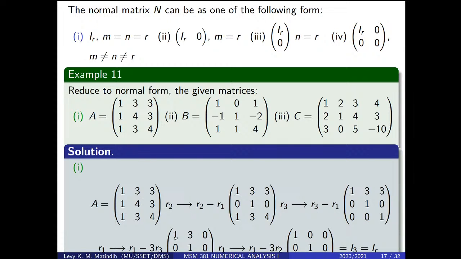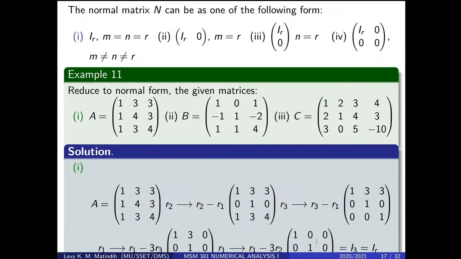So we are going to have 1, 3, 0, 0, 1, 0, 0, 0, 1. Next, we transform row 1 to being row 1 minus 3 times row 2. So, 1 minus 3 times 0 to give us 0, 3 minus 3 times 1 to give us 0, 0 minus 3 times 0 to give us 0.